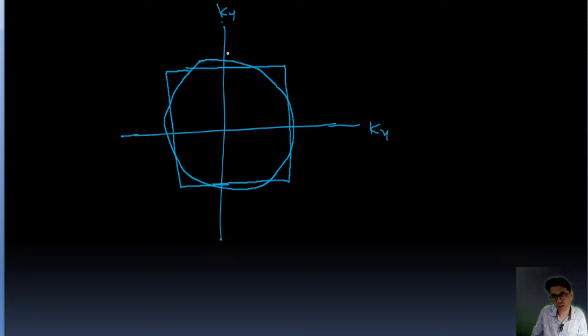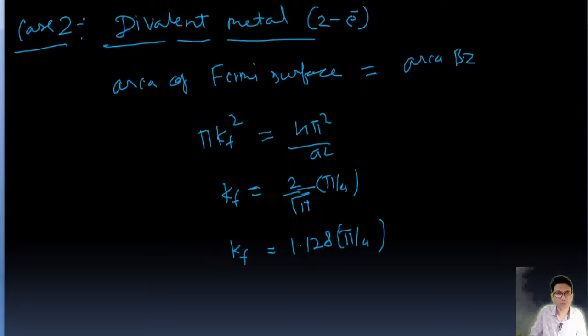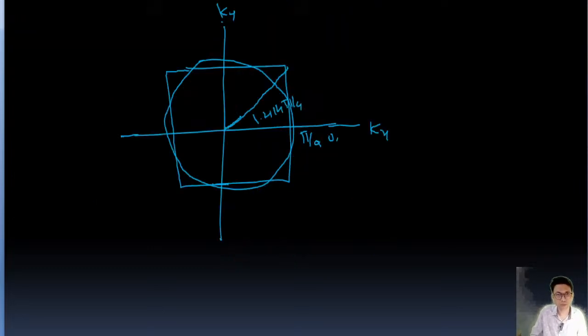Here, this is pi by a comma 0, this distance, but this distance to the corner is root 2 pi by a, that is 1.414 pi by a. So this is greater than 1.128. So in the case of a divalent metal, the Fermi surface does not include the corners of the first Brillouin zone.